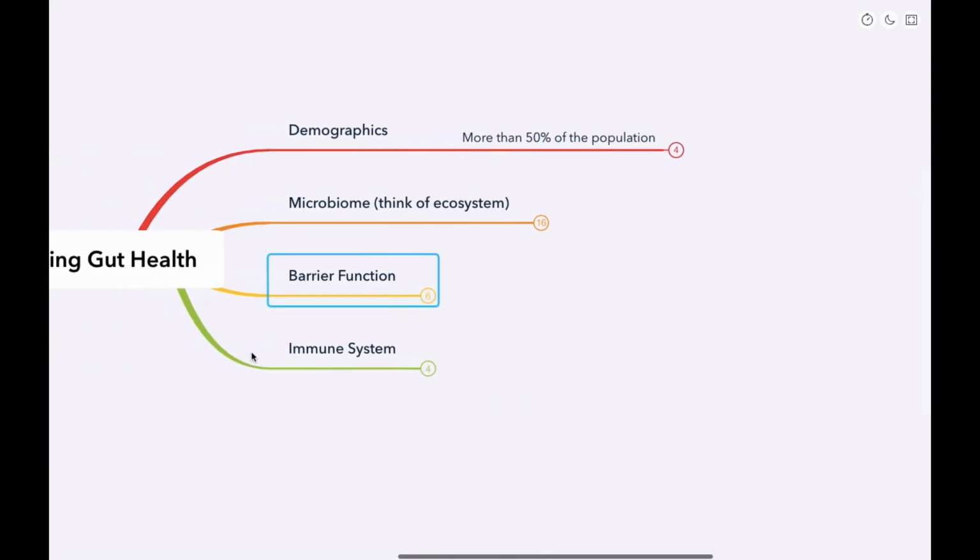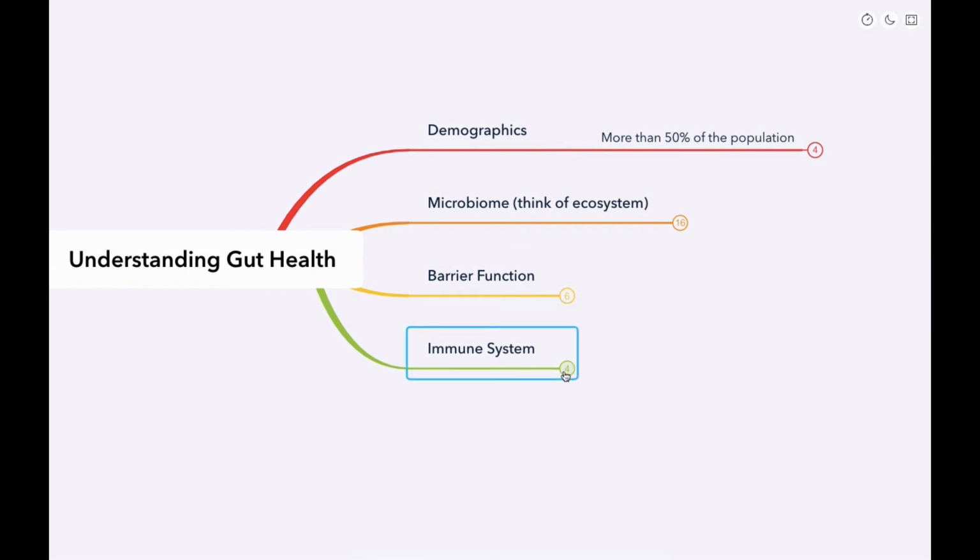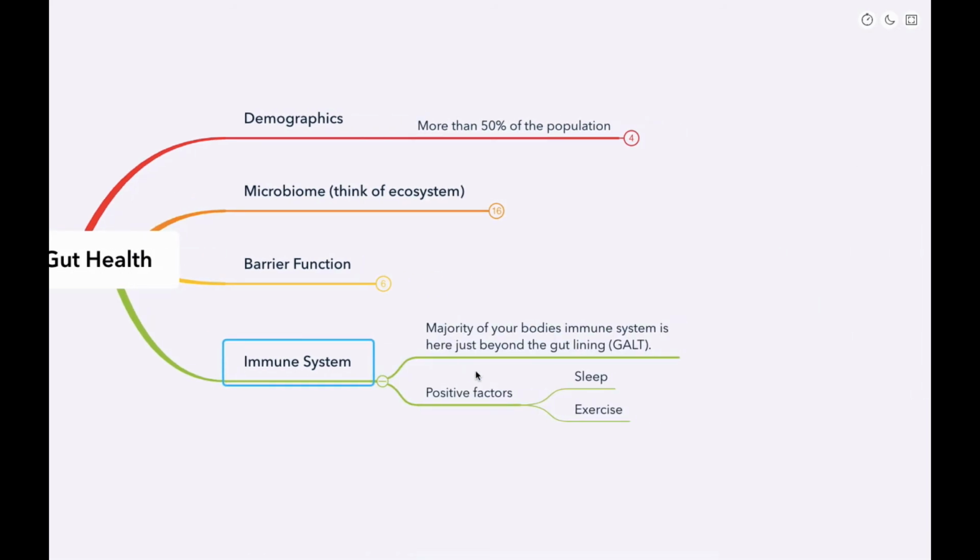And to conclude, the immune system. Believe it or not, the majority of your immune system is just behind the gut lining. It's the gastrointestinal associated lymphoid tissue, and it is really processing the things that are coming through the gut lining, because it's acting like a barrier, and then what gets through, your immune system is like the second line of defense.